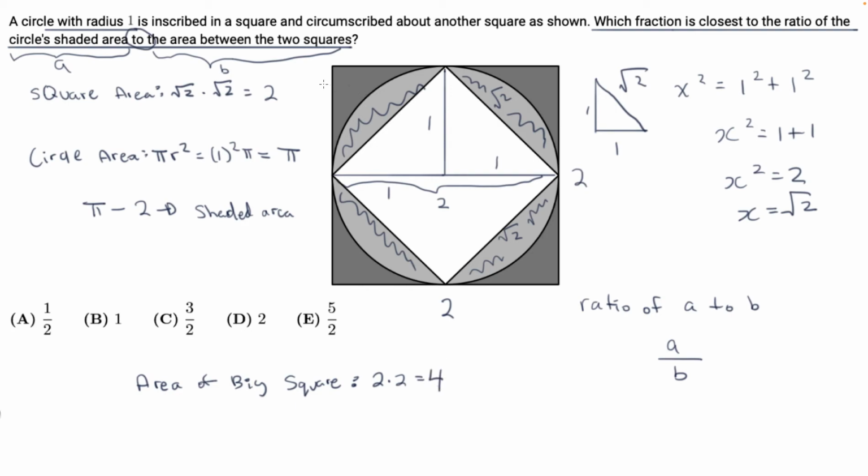And then next, we're finding the area between the two squares, which is this region right here, this whole area.